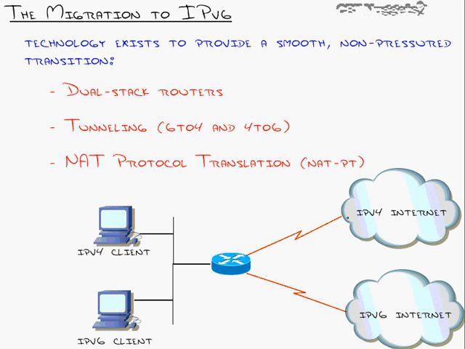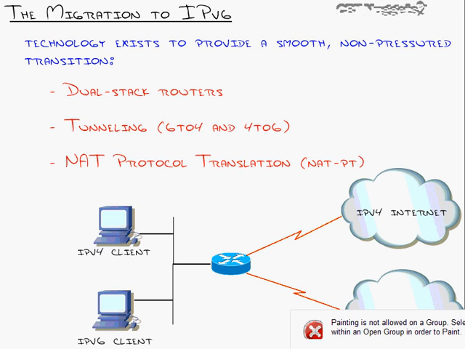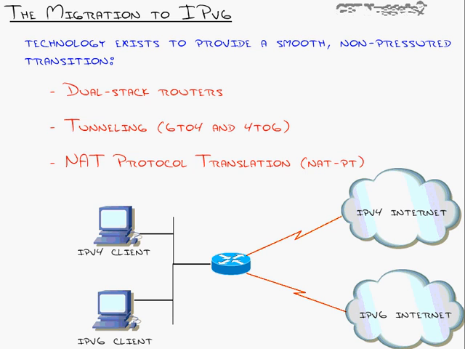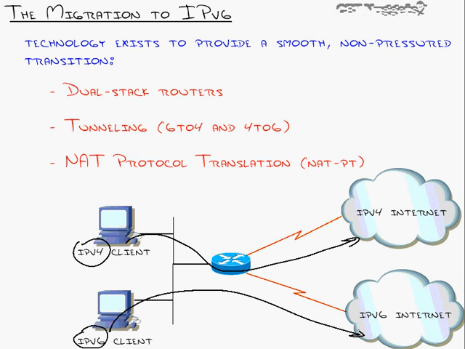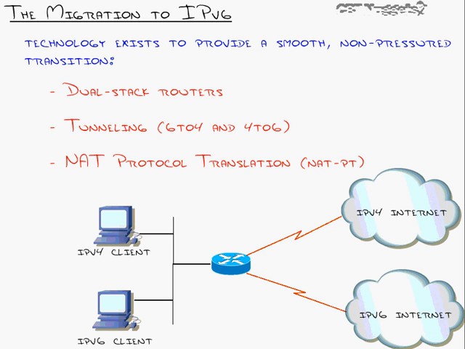The router can have one link over there and one link to the IP version 6 internet or internet 2. And as we slowly migrate our clients, one by one, we have IP version 4 clients. They can keep using the IP version 4 internet, and IP version 6 clients will be able to use the new version 6 internet. And we can slowly, in phases, migrate our clients over.